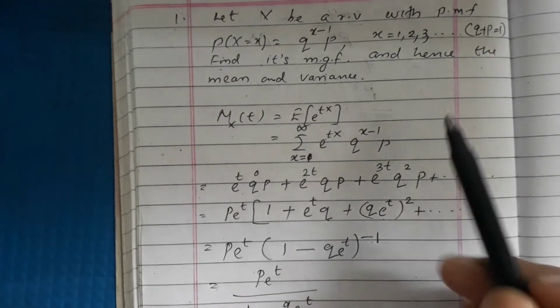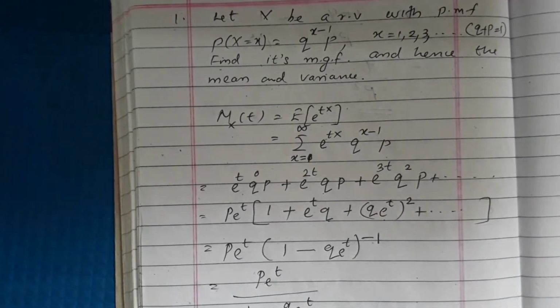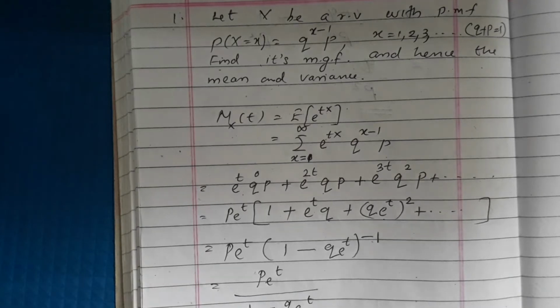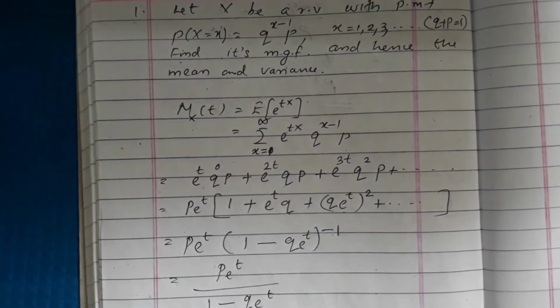Then the next question is to find its mean and variance. So we have to generate moments from this MGF. First moment, expectation of x.